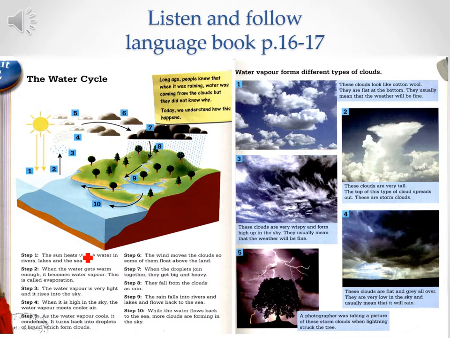Follow in your book, please. Step 2. When the water gets warm enough, it becomes water vapor. This is called evaporation. Step 3. The water vapor is very light and it rises into the sky.